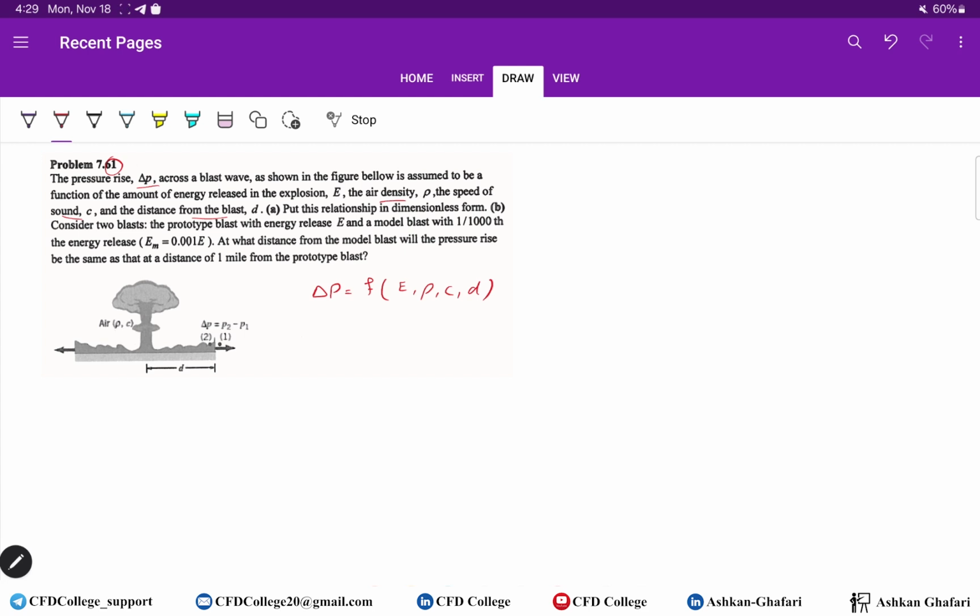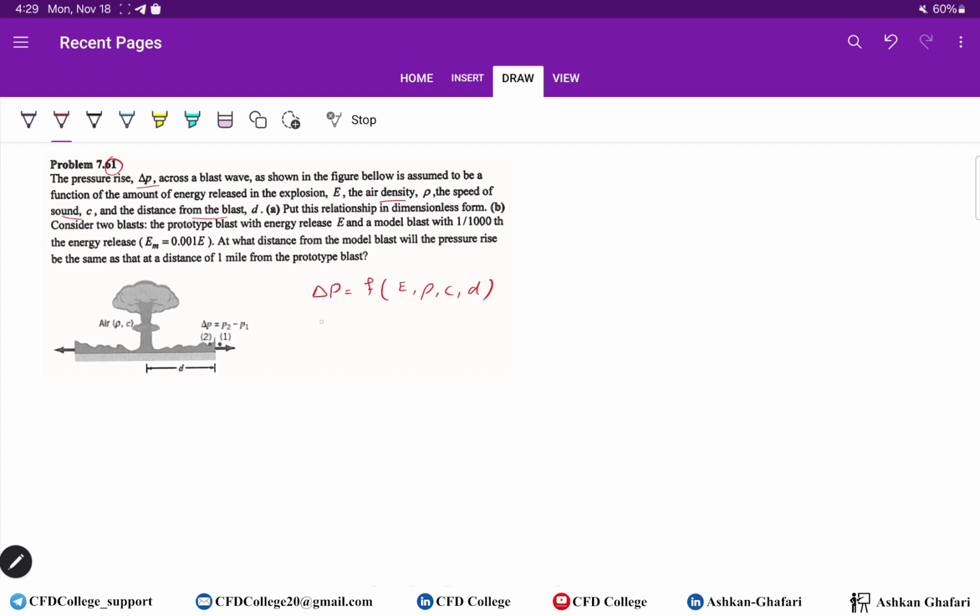Okay, so for part A we should find dimensionless numbers. In part B, consider two blasts: the prototype blast with energy release E and a model blast with 1 over 1000 the energy release.